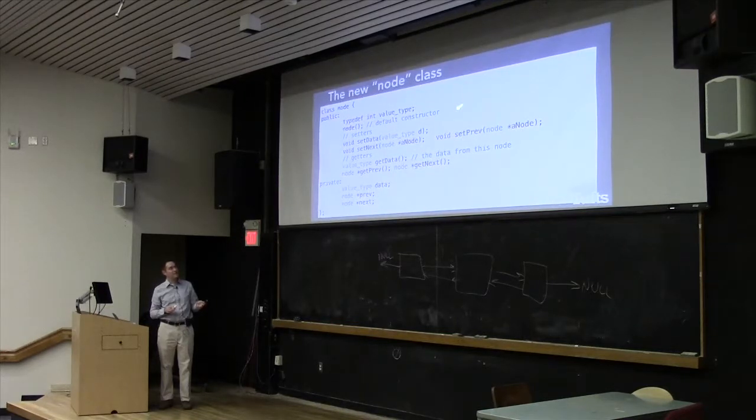It's on the same line because I ran out of space. It's called set previous, and that sets the node previous to. And the getters are going to be the same thing. You're going to get data, get previous, and get next. So those are only a couple changes there. And then each node, instead of just having one link, now has two links. All right? Easy enough, I hope.